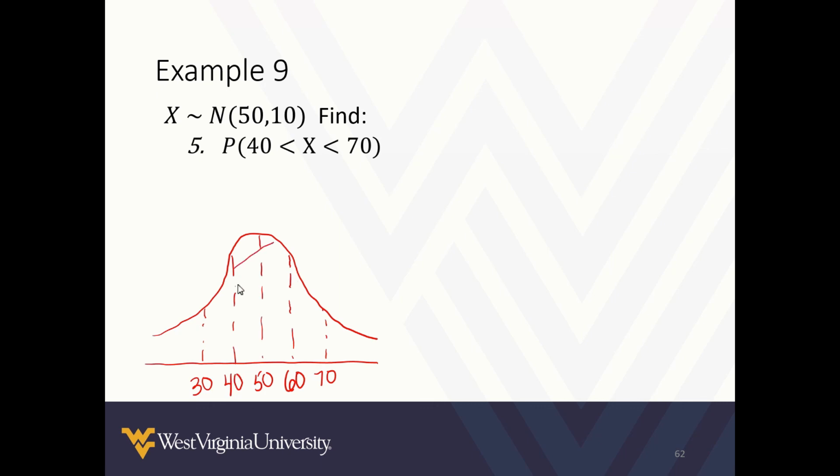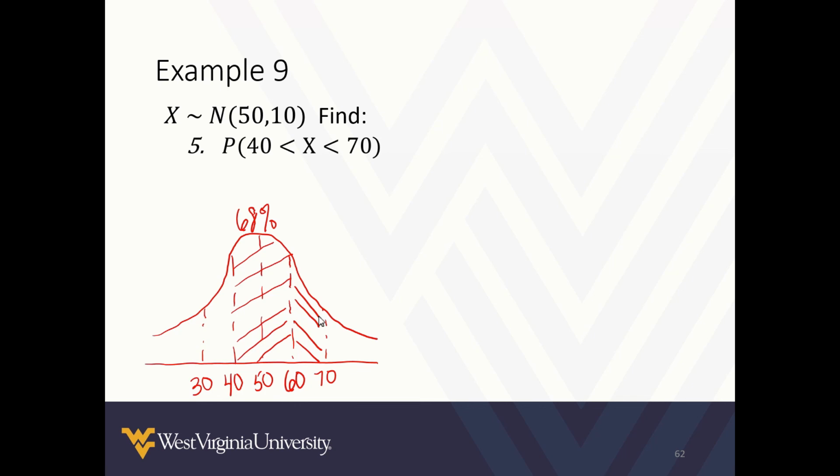We know from now doing it multiple times, from 40 to 60 is 68% of our data, because that's within 1 standard deviation of the mean. We now also are interested in knowing the area from that 60 to 70 to get that total area.